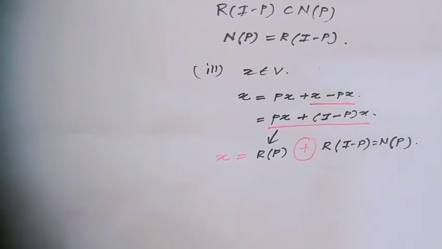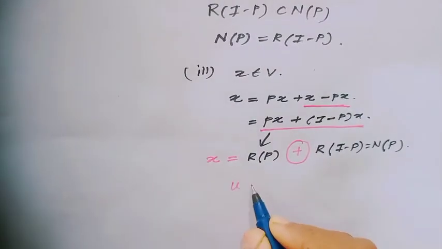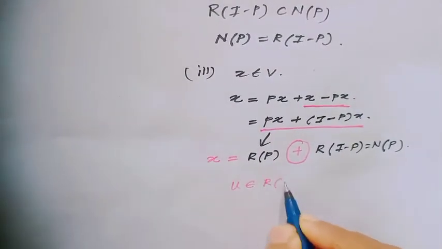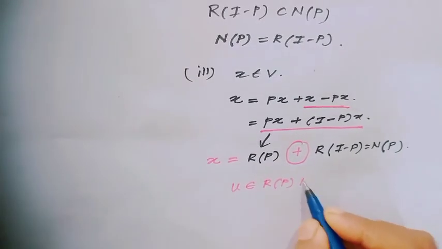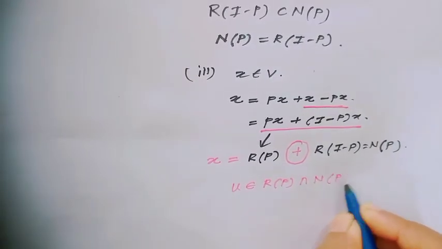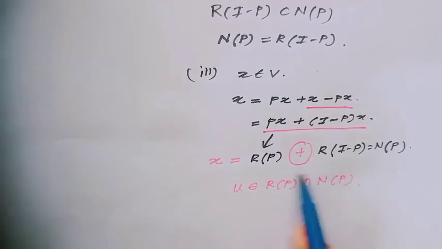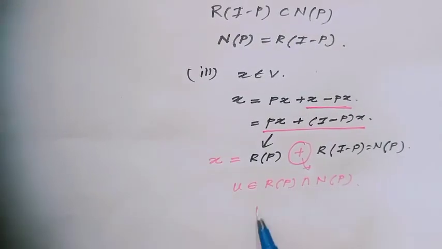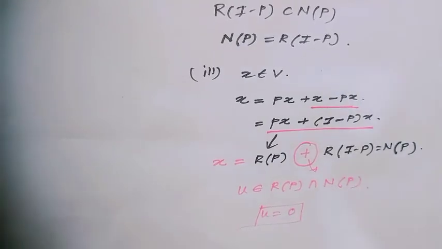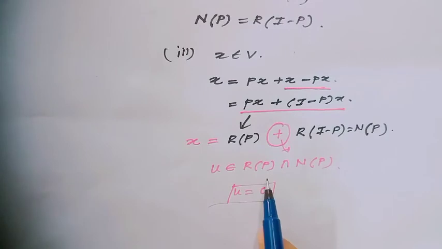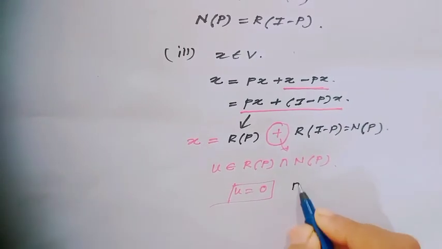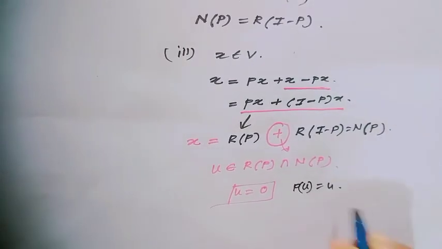For this, consider u belongs to the range space of P intersection the null space of P. For a direct sum we have to prove this u is only 0. Since u belongs to the range space of P, that means Pu equals u.